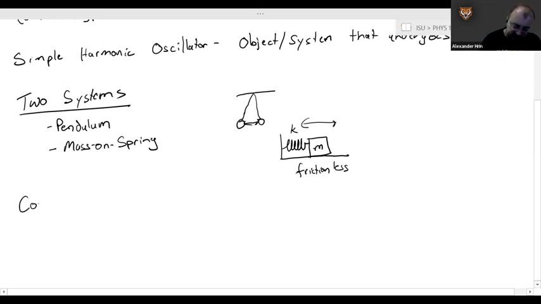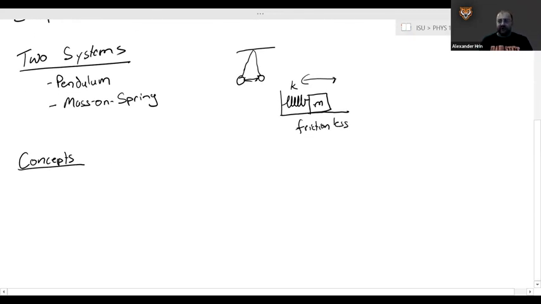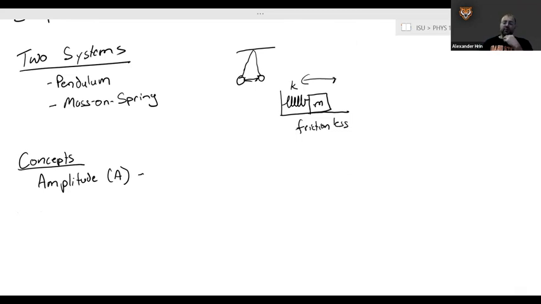Now the concepts of simple harmonic motion are not too bad. The first one I'll talk about is amplitude, and the symbol is going to be A. The units depend on what kind of oscillation you're doing. For the amplitude of a mass on a spring, that would be the maximum displacement, so the units would be in meters.